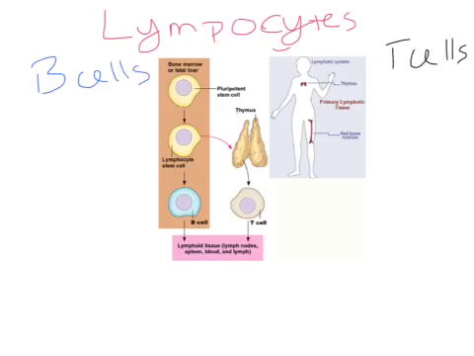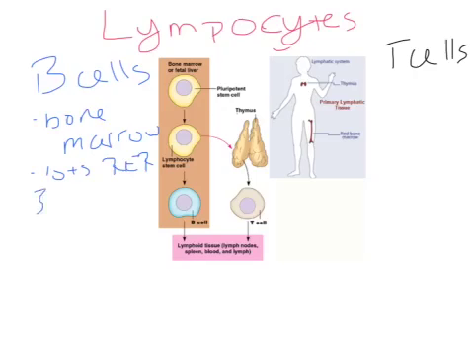Our B cells are going to be made in the red bone marrow. They mature in the red bone marrow. They have lots of rough endoplasmic reticulum in there because they make antibodies, and they need lots of rough endoplasmic reticulum to help make the antibodies.